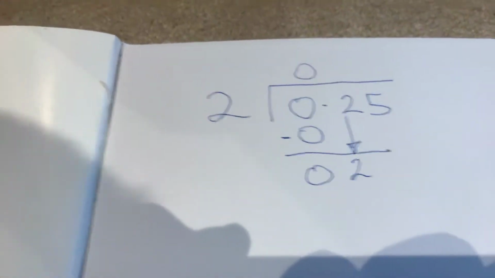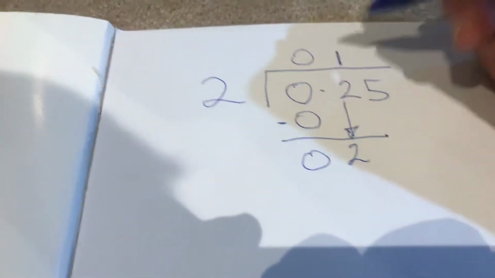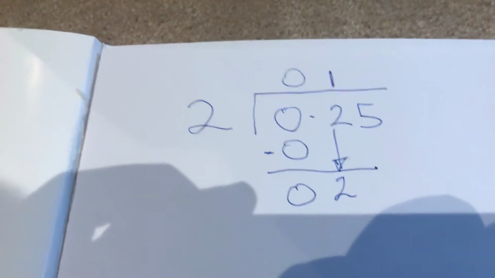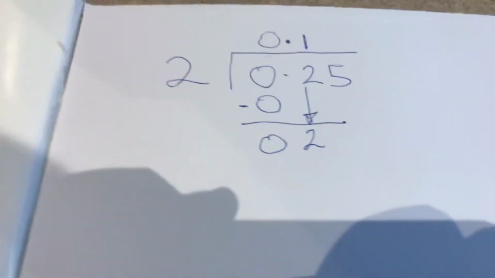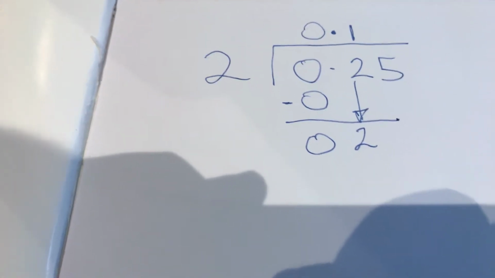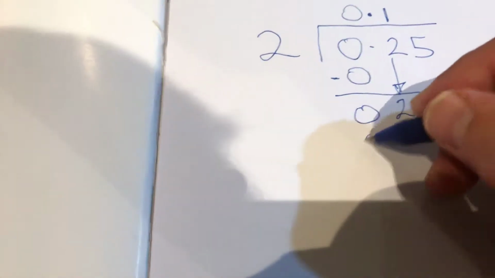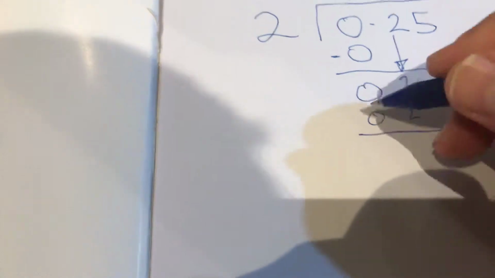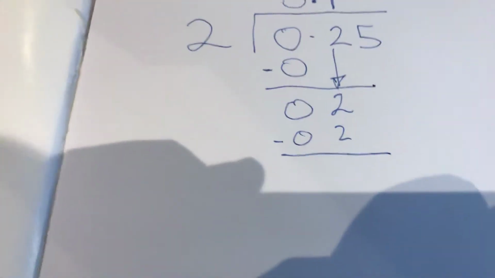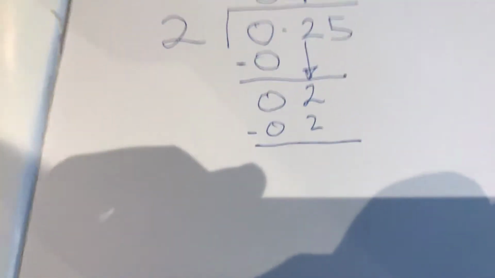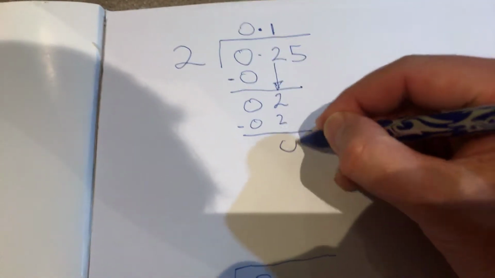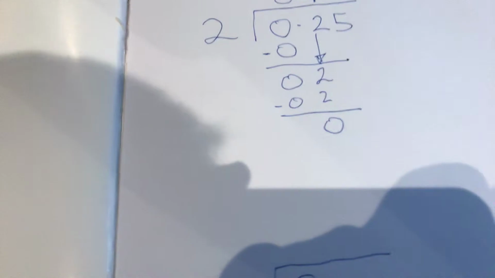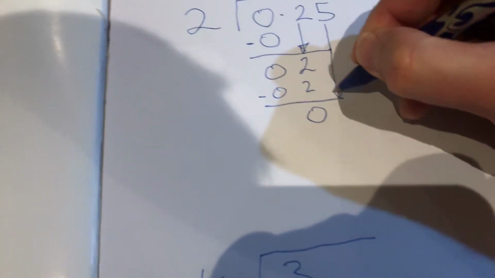So how many 2's go into 2? 1. What have I not done? The first rule. Put a decimal point in there, Mark. So 1 times 2 is 2, so I'll put 2 under there. I don't really need those zeros there, but I'll put them in anyway. So 2 subtract 2 is 0. I'll have to bring the 5 down.